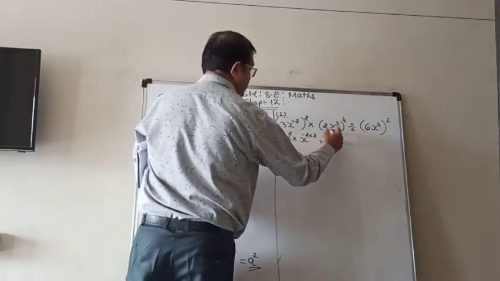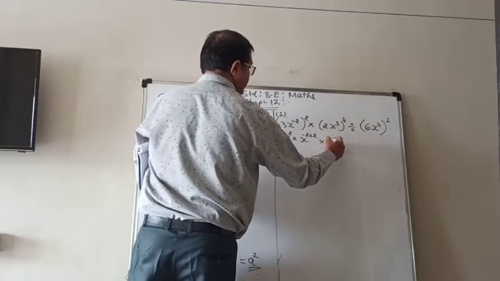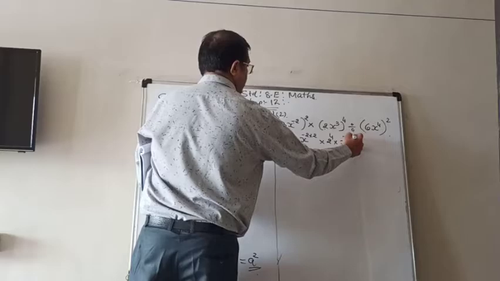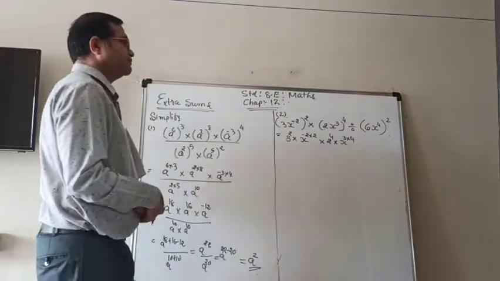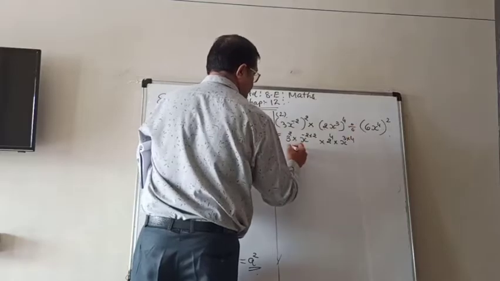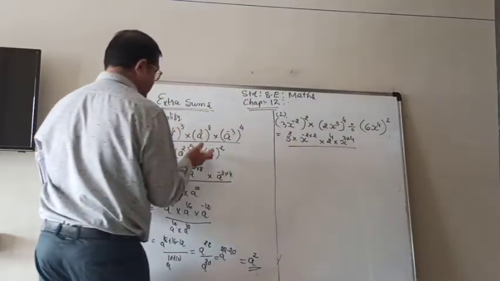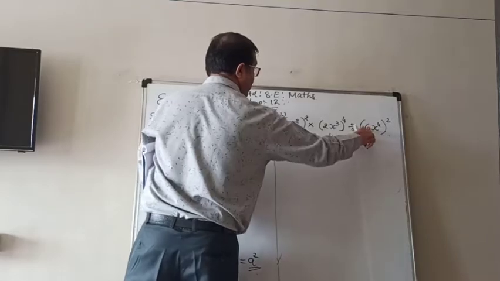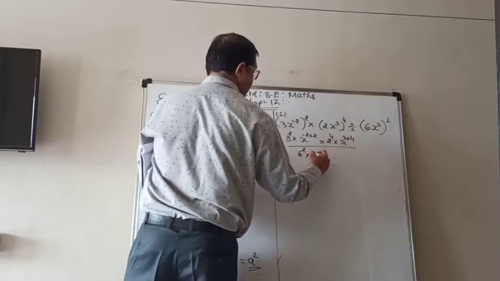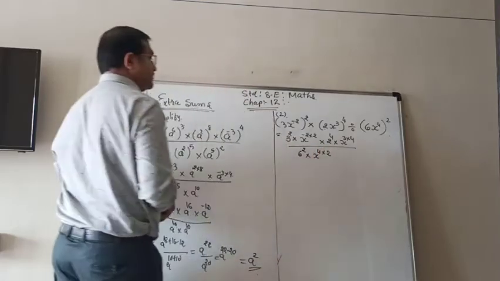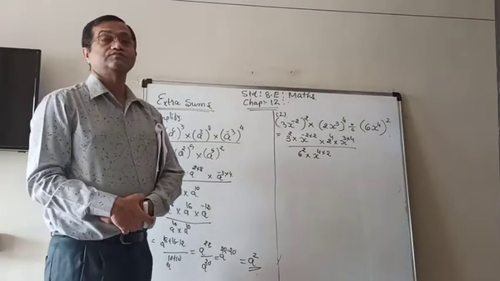Multiplied by, here also, 2 will get the power 4 and x cube will also get power 4. Now this is division. So for our convenience you can write it like that: 6 will also have the power 2 and x raised to 4 will also get that power 2.